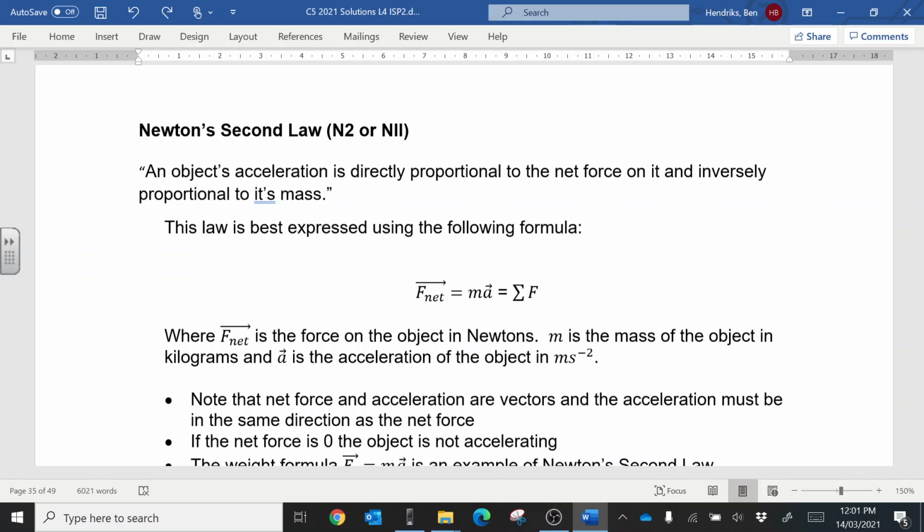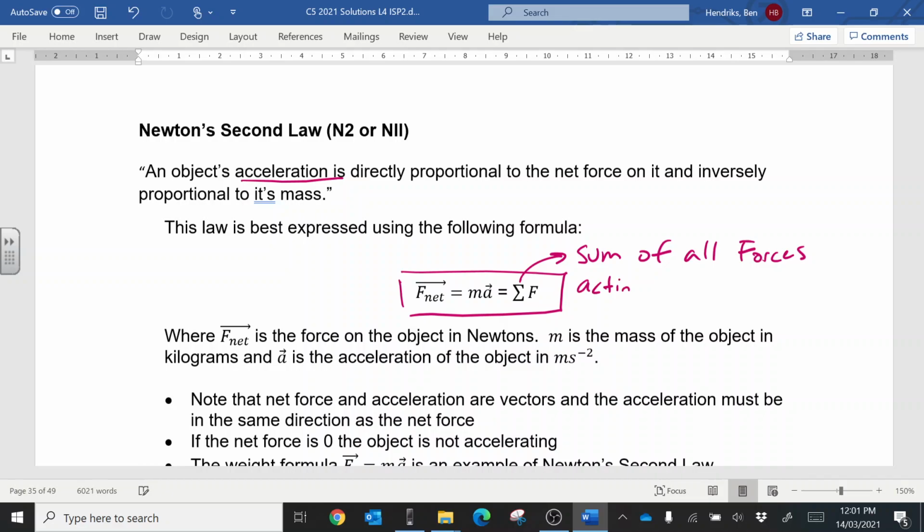An object's acceleration is directly proportional to the net force on it and inversely proportional to its mass. This law is usually expressed in the following formula. F net, the net force, equals ma, which is equal to the Greek letter epsilon, which means the sum of all, and then F, forces: the sum of all forces acting on the object.